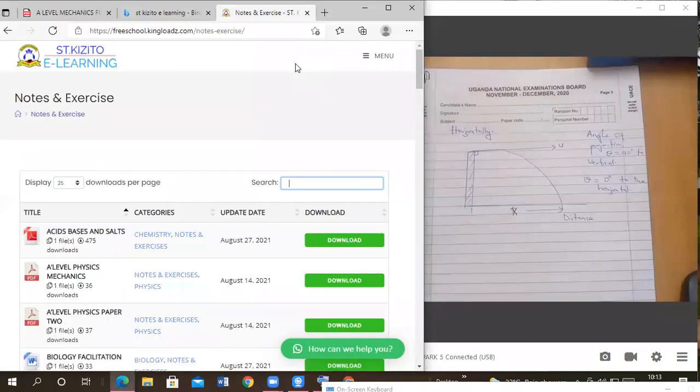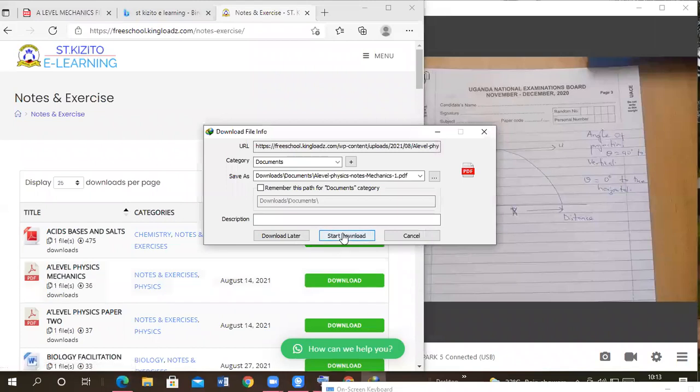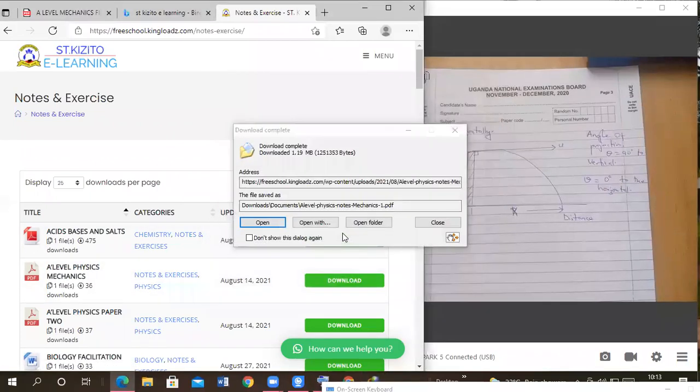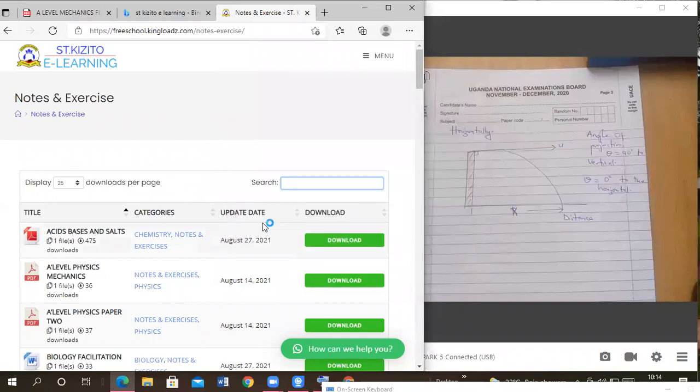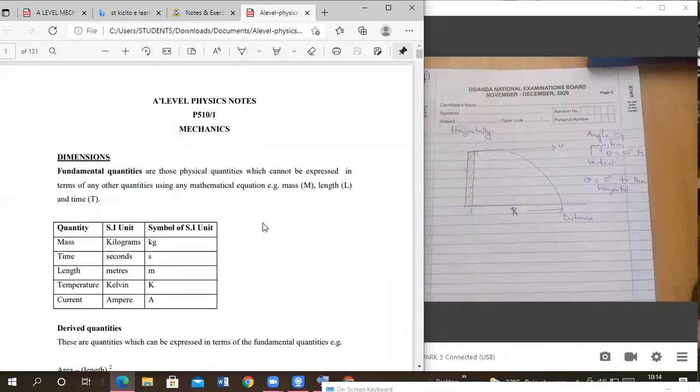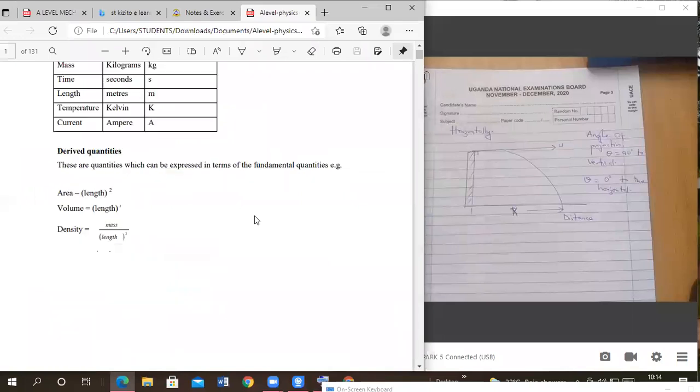Let me even download for you, and here you can see. Are you seeing that? I'm downloading it. Hey, it's different.